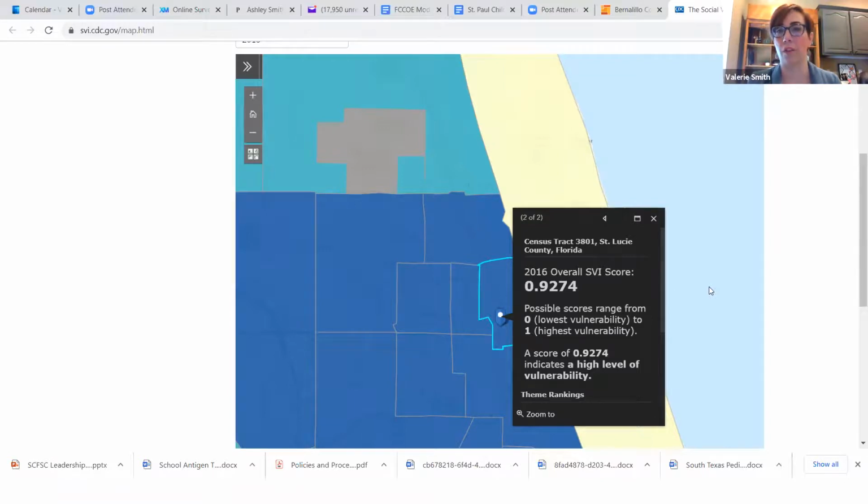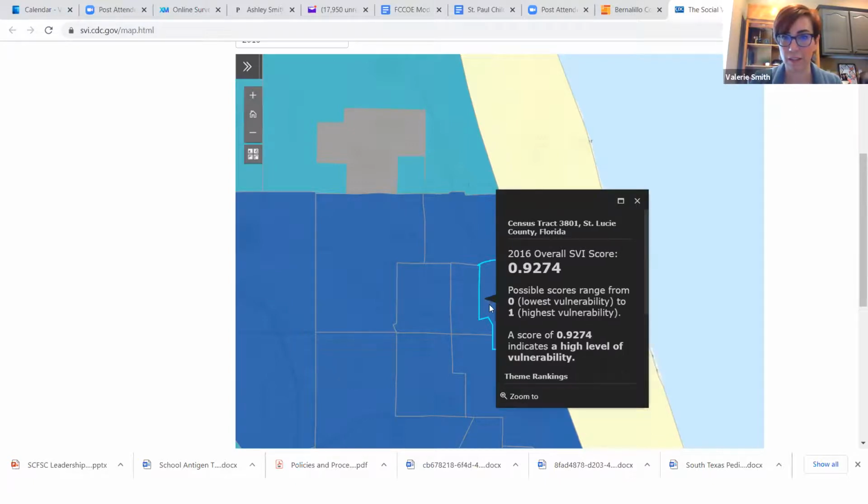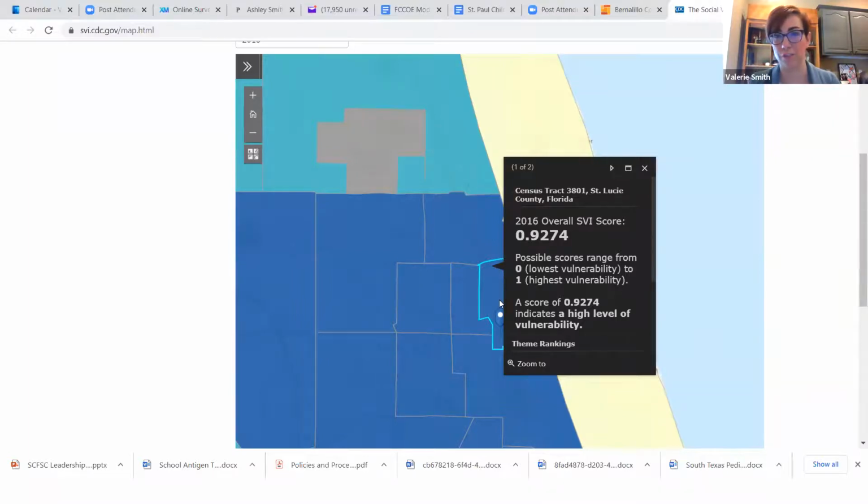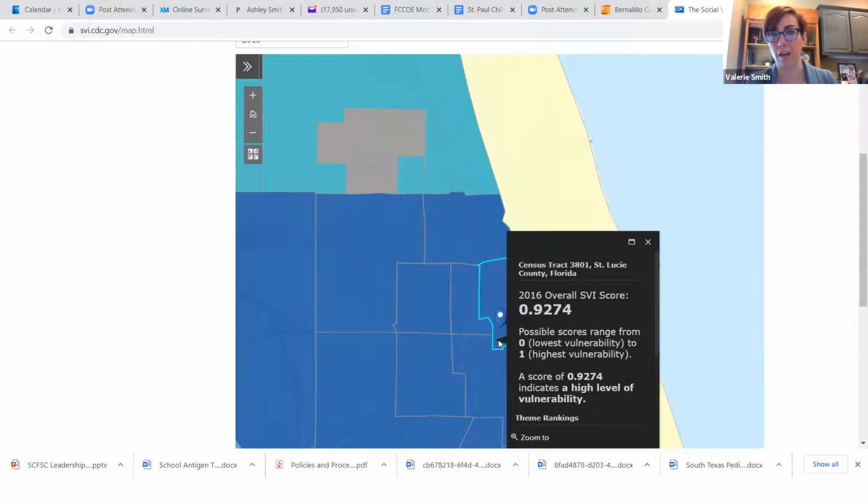If you want to look at the county, that gives you the overall vulnerability index for the county. And then if there's more than one census tract, it will let you pull different census tracts. I don't know that county, so I don't know which different census tracts, but see how it lets me pull different ones.